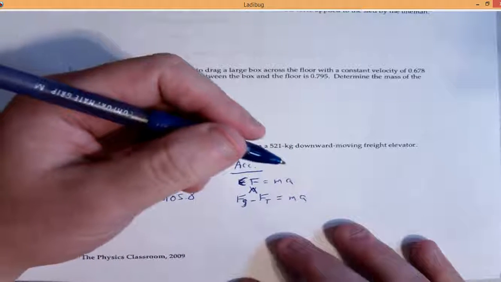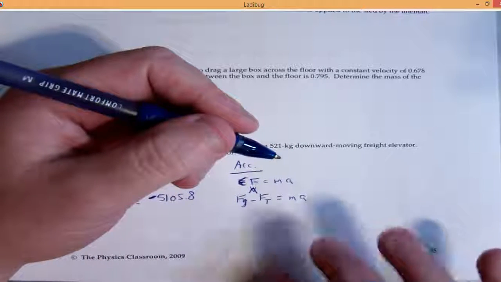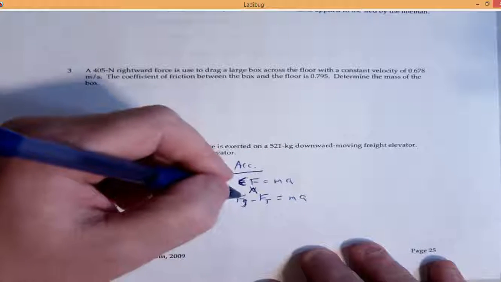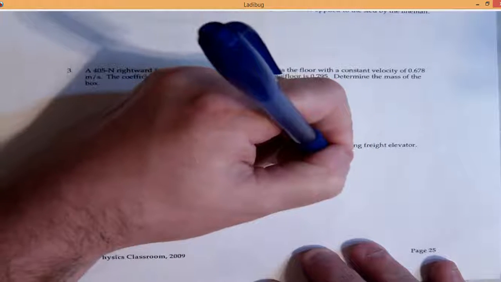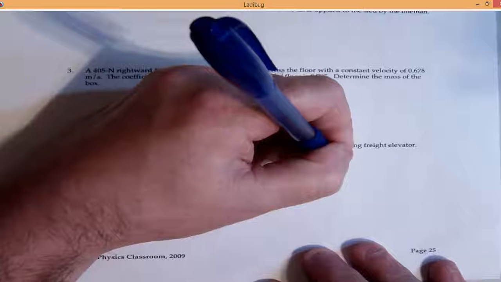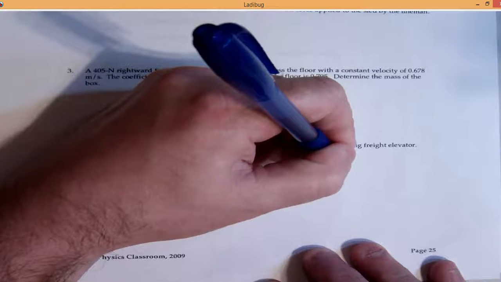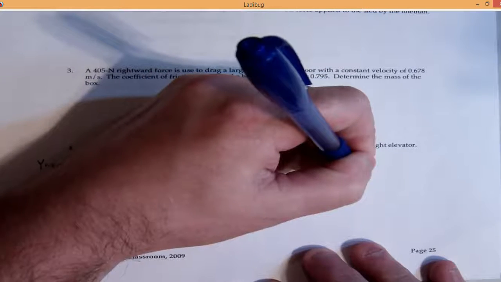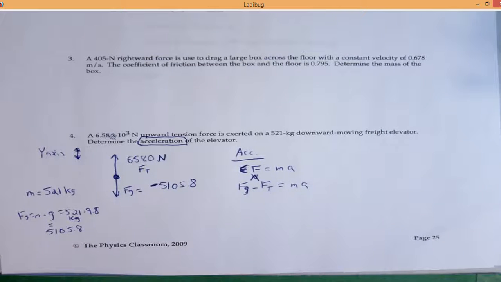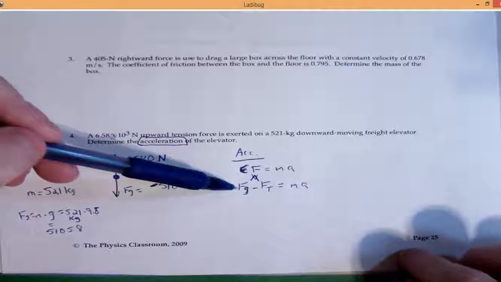Okay? So let's do it all up. So now we have force of gravity. Alright guys, so when we try to find our net force, they kind of throw this together.